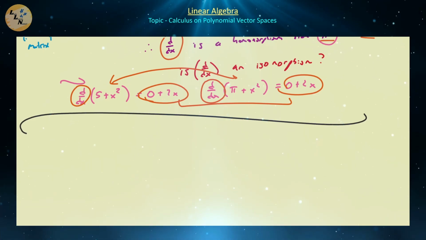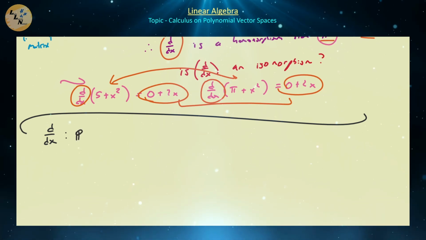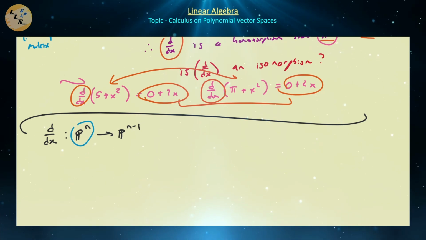But now what we're going to do is actually consider a very interesting problem. So we know already, as just mentioned, that the derivative matrix is a homomorphism from Pn to Pn minus 1. And we know that the dimension of Pn is n plus 1.